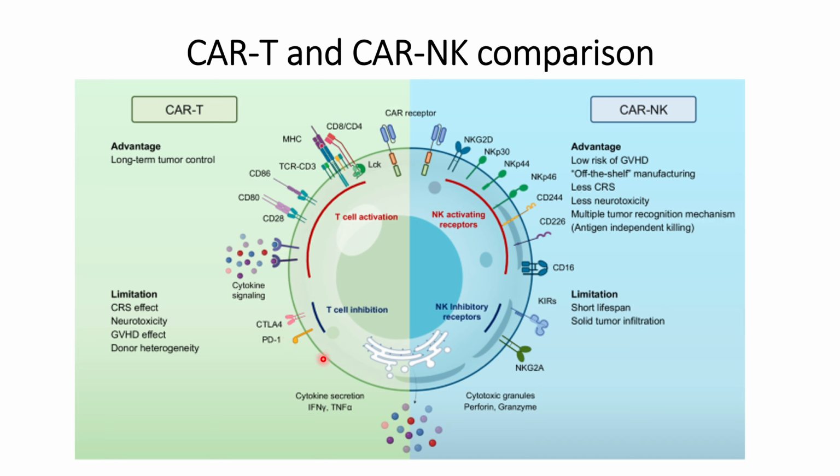If these T cell inhibitions are not there, then it might cause continuous activation of the immune cells that might lead to autoimmune disease. But sometimes the tumor cells utilize these receptors or ligands to inhibit the T cell functions.